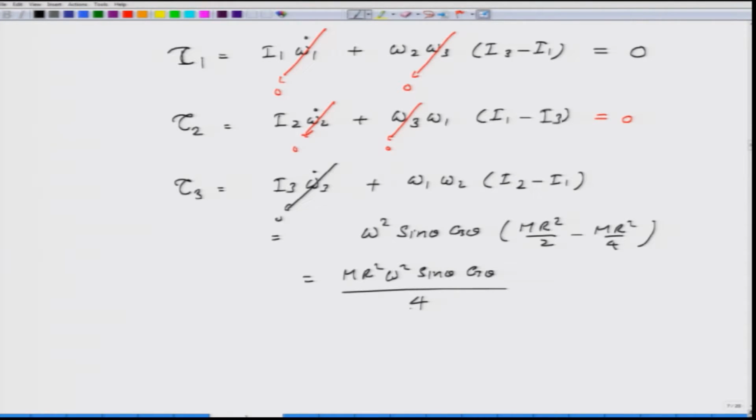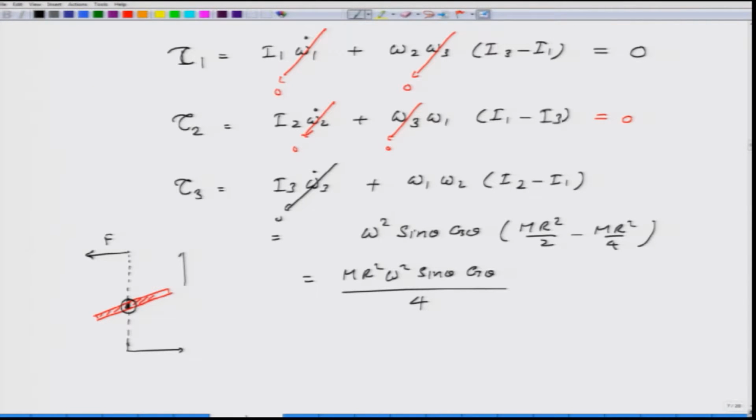So, again if I interpret this, this was the disc at this position, axis 3 is coming out, and the torque has to be in this direction with amount m r square omega square sine theta cosine theta by 4. If I need the torque in this direction, what I need to do is apply a force this way and a force this way.